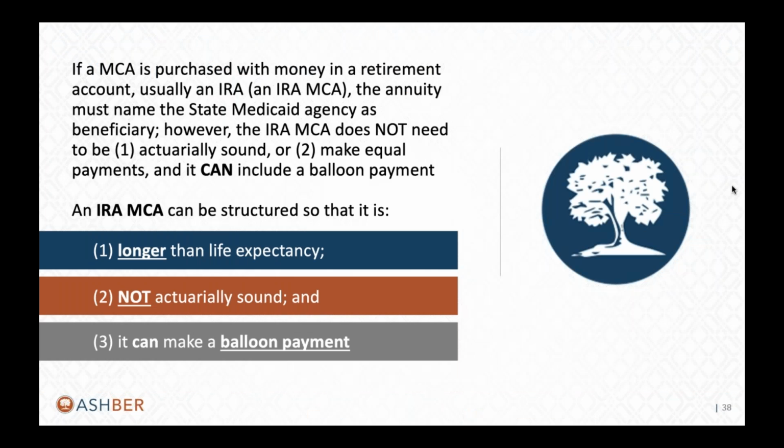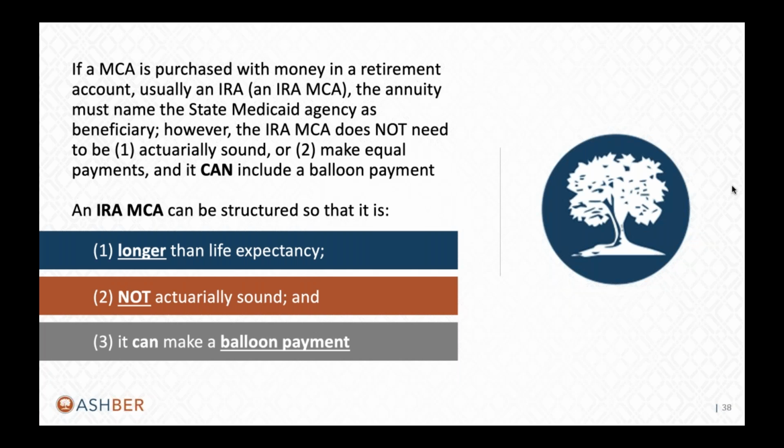If a Medicaid compliant annuity is purchased with money in a retirement account, usually in an IRA, the annuity must name the state Medicaid agency as the beneficiary. However, the Medicaid compliant annuity does not need to be actuarially sound, make equal payments, and it can include a balloon payment.